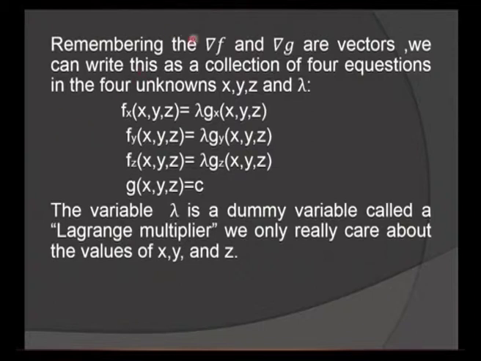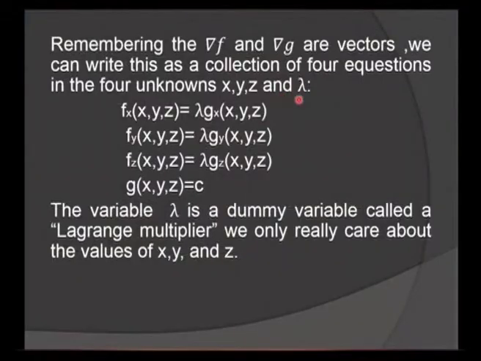In that equation, remembering that del f and del g are vectors, we can write this as a collection of 4 equations. These vectors del f and del g can be written as a collection of 4 equations. In those 4 equations, 4 unknowns will exist. Those 4 unknowns are x, y, z and lambda.